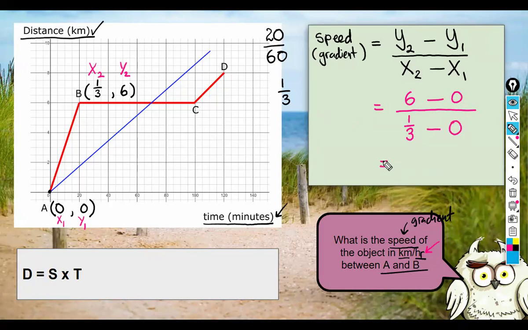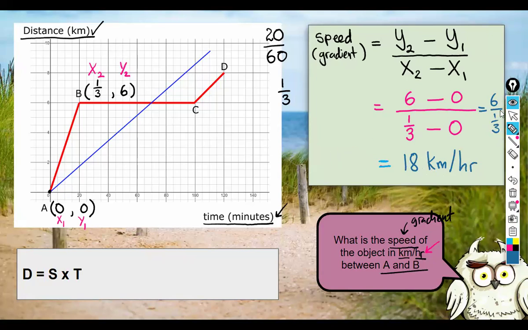So this should be easy to do, right, in our heads? But we'll do it here. That's how. 6 minus 0 is 6. 1/3 minus 0 is 1/3. 6 divided by 1/3 is 18. And our answer will be in kilometers per hour because we used the kilometers and we converted the minutes to hours before we did the calculation, right?